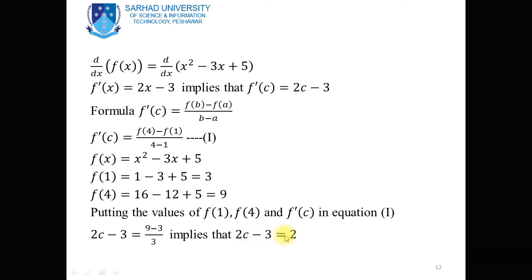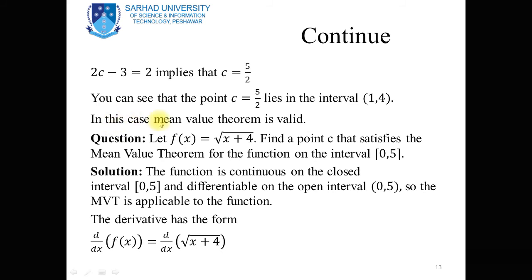So 2c minus 3 is equal to 2. Now 2c is equal to 2 plus 3, which is equal to 5, and c is equal to 5 by 2. You can see that the point c equals 5 by 2 lies in this open interval. So in this case, the mean value theorem is valid.